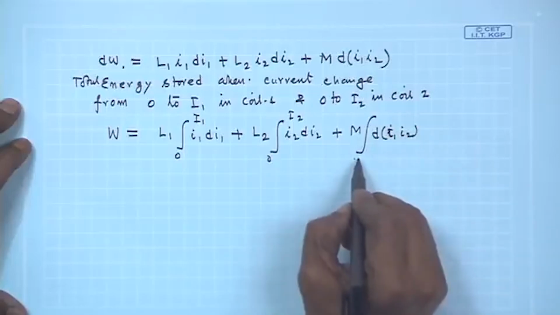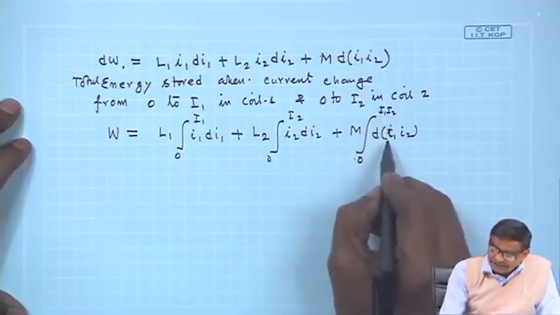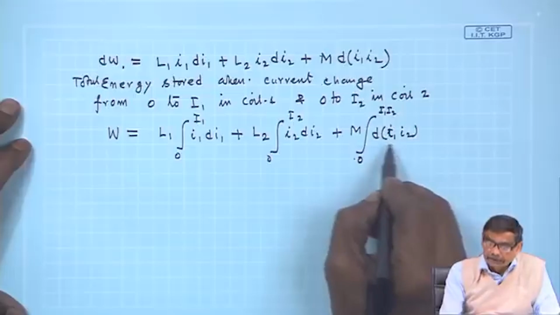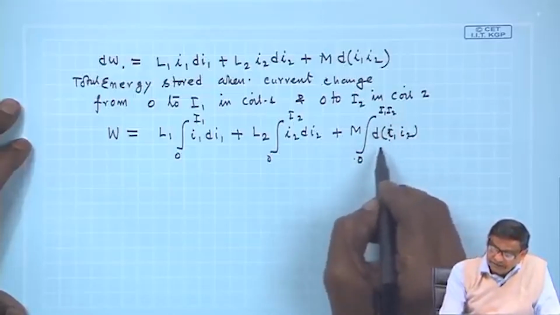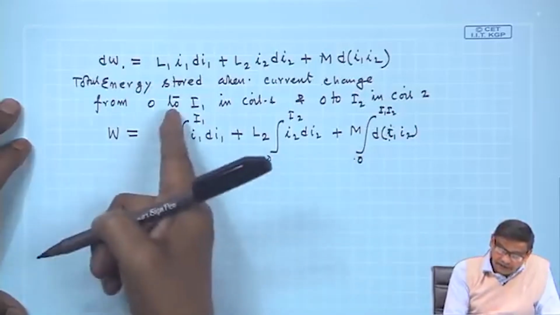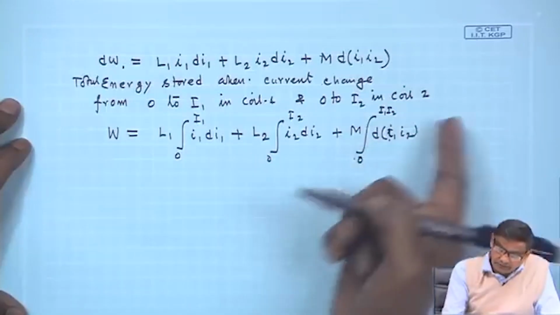And what should be the limits? Limit should be 0 to I1 I2, because this is the differential thing. If it is dx, limit of x. So, I1 I2 was 0 initially, then finally it has reached I1 I2, the product.